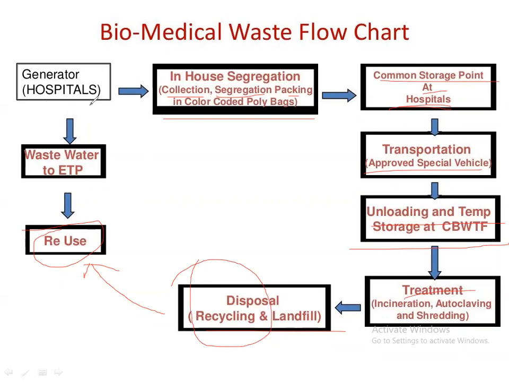These are the stages through which this waste is transported. This is a flow chart. It goes through the various stages, from generation, collection, transportation, unloading, treatment, disposal. These are the various stages of biomedical waste management.